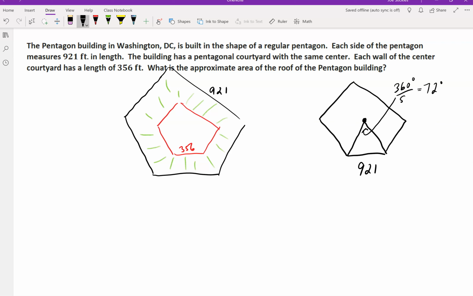Okay. So then, like we mentioned in the last problem, if I want to figure out each of those alphas, the alpha will be 180 minus the 72. That's what's left over from that one angle, and we have to divide it in half to split for each of these angles, because again, this is going to be an isosceles triangle. And in this case, you'll get 54.